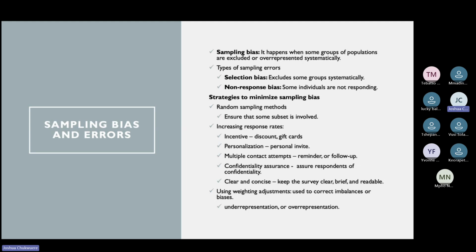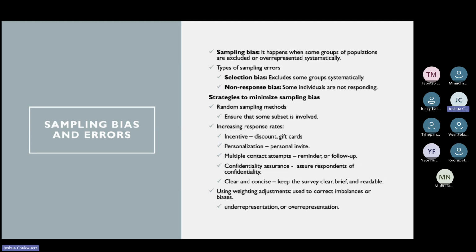Types of errors in it can be selection bias. You exclude some people systematically, intentionally, being biased about what they stand for. For that reason, you're able to exclude them. Non-response bias: some individuals are not responding. Because they are not responding, you say, okay, fine, I'm going to exclude them.